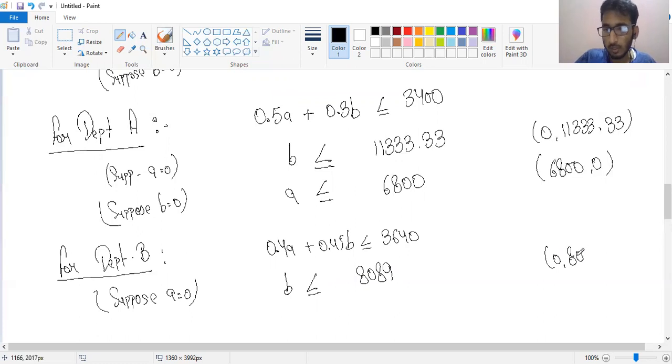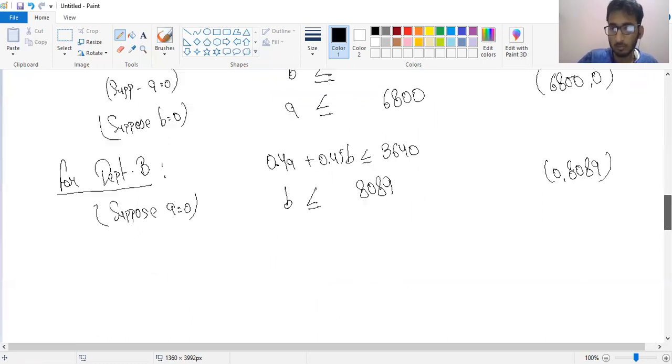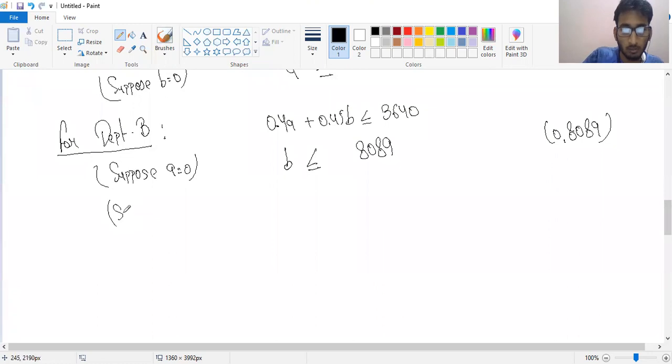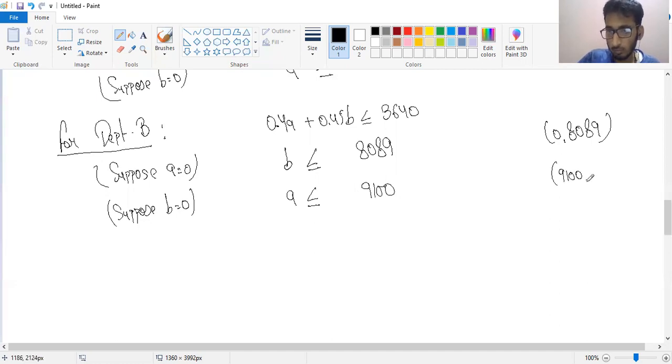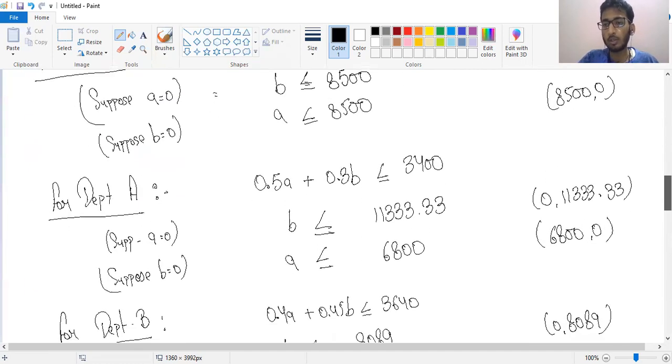So 0, 8089. Suppose B equals 0. Then the value of A would be 3640 divided by 0.4, which is 9100. So these 6 points we have created.